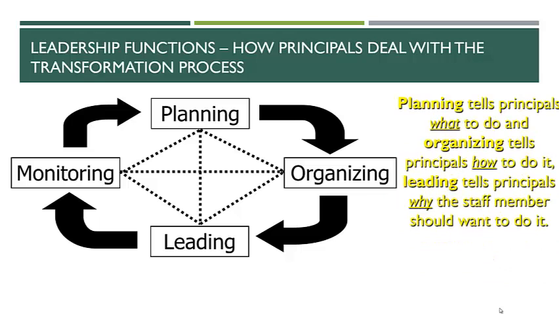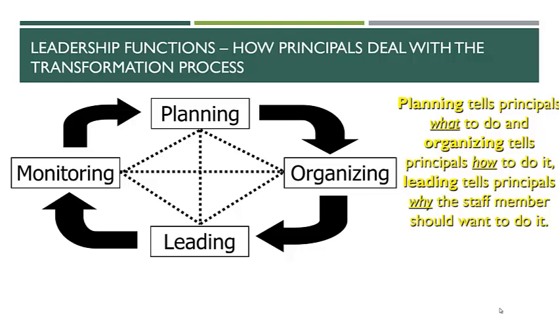Okay? So in this process, then, planning tells the principals what to do, and organizing tells them how they're going to do it. Leading tells principals why the staff members should want to do it. Okay? So again, what we're saying here is this planning and then ultimately adjusting as we go through this cycle in a continuous improvement model, and we're going to hit on that in just a minute.